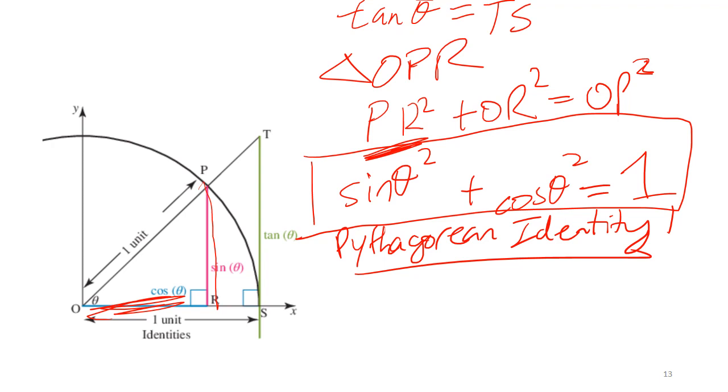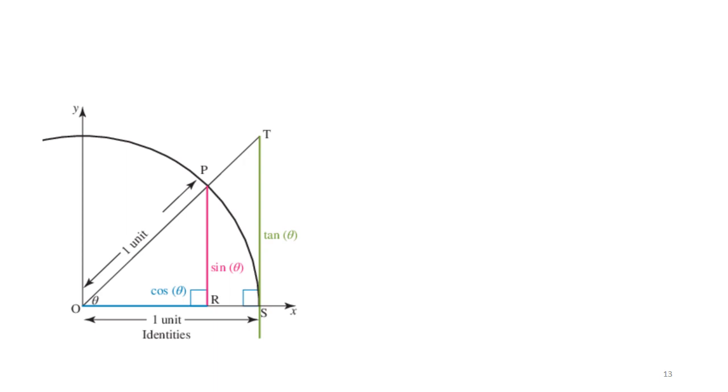So what else can we do with this? If you look at our unit circle again with all the stuff on it, you can see this smaller triangle and a bigger triangle.